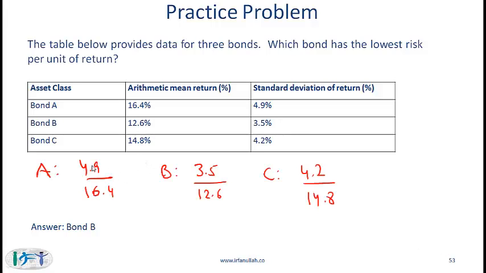You simply need to divide the standard deviation by the mean. Notice here that I am using the percentages, and that's okay as long as we are consistent and both the numerator and denominator are using a percentage. The question asks for the lowest risk. Lowest risk would mean lowest coefficient of variation, and that would be B.